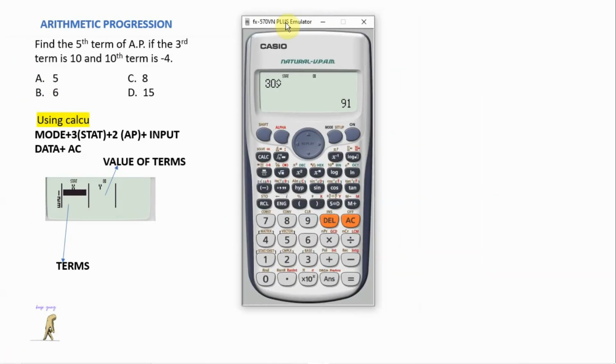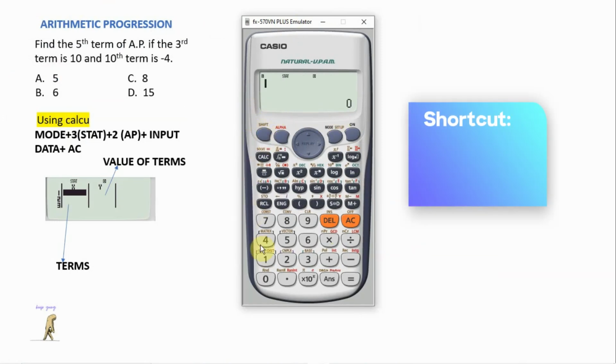Next, you can see we also have an arithmetic progression. So let's edit our data. Shift 1, as we can see, number 2 for our data, and then let's put the data that are given. We are finding the fifth term of the arithmetic progression. We have the given third term and 10th term.